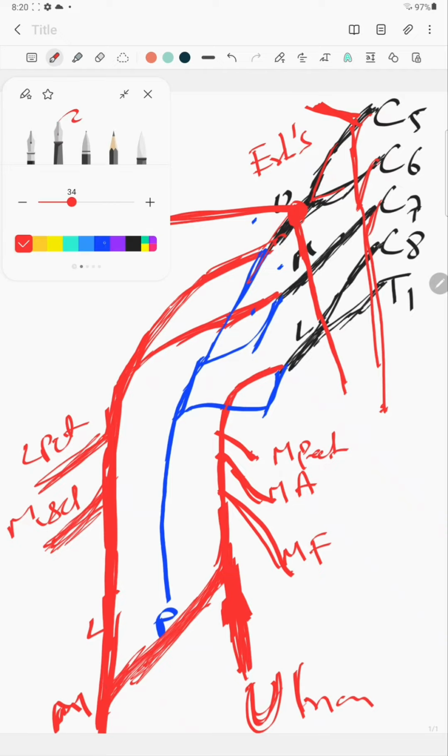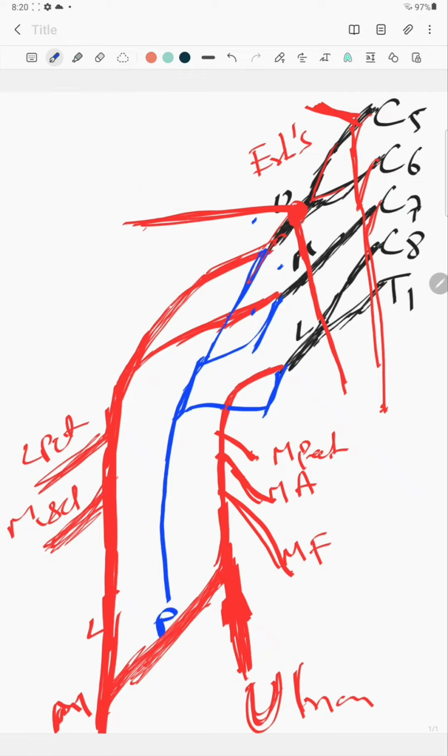Branches from the posterior cord. The posterior cord gives the axillary nerve. Then on the posterior wall of the axilla, it gives the upper subscapular, thoracodorsal, and lower subscapular nerves. The middle one is the thoracodorsal nerve.